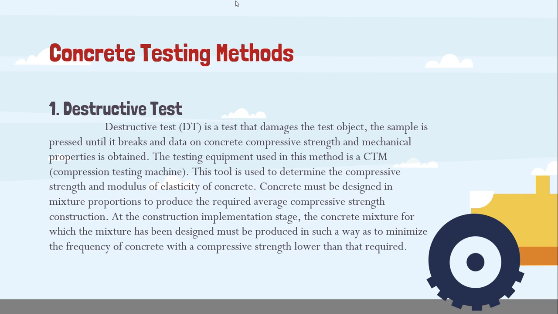Concrete testing methods. Number one, destructive test. Destructive test is a test that damages the test object. The sample is pressed until it breaks and data on concrete compressive strength and mechanical properties is obtained.